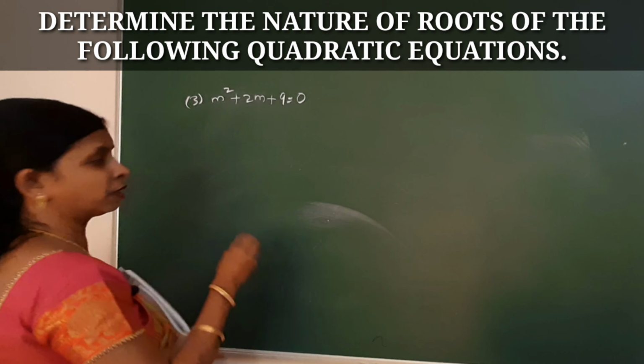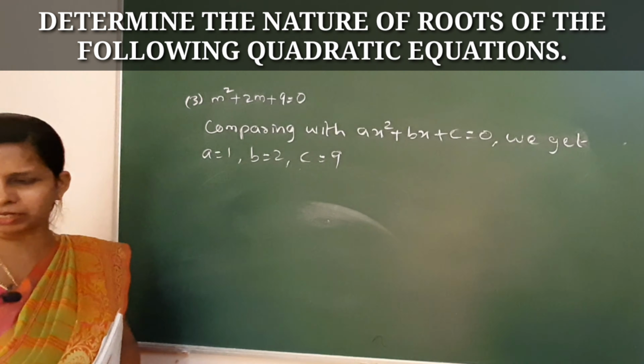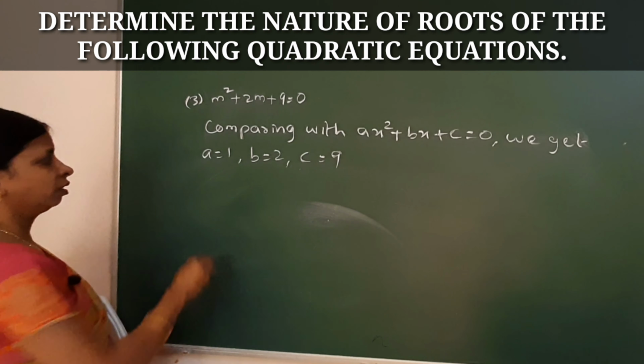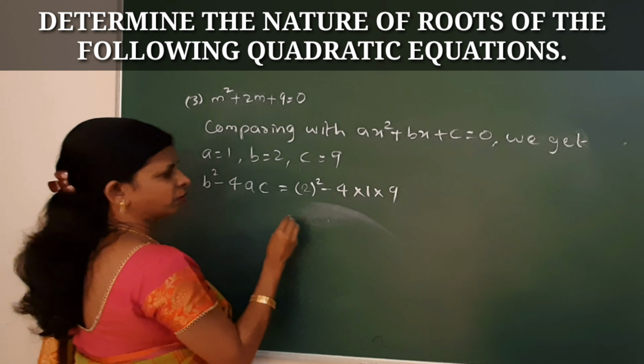M square plus 2m plus 9 equal to 0. Comparing with ax square plus bx plus c equal to 0, we get a is 1, b is 2 and c is 9. So now let us find out b square minus 4ac. 2 the whole square minus 4 into 1 into 9.